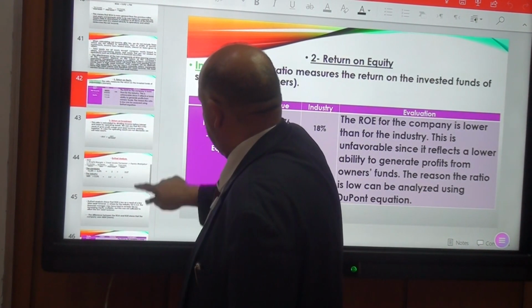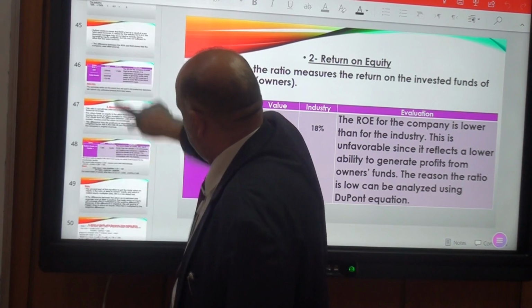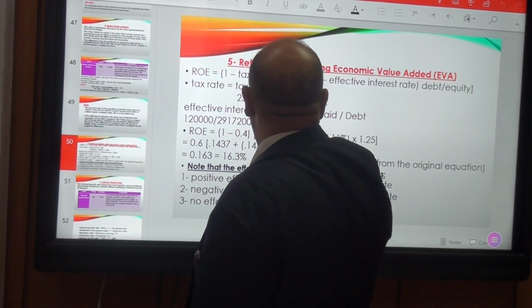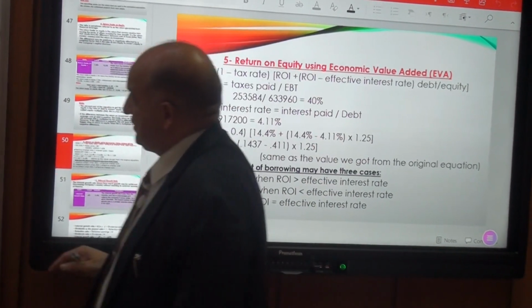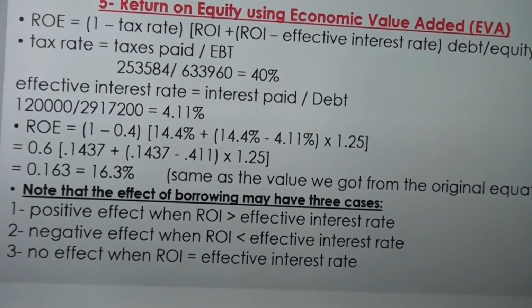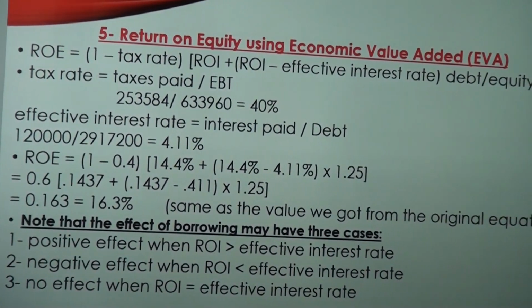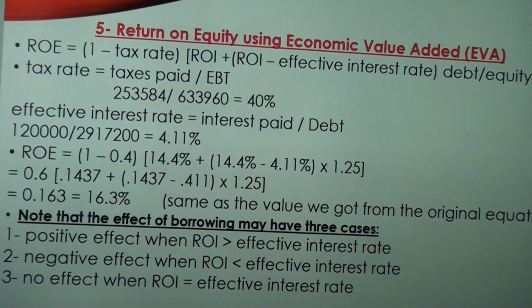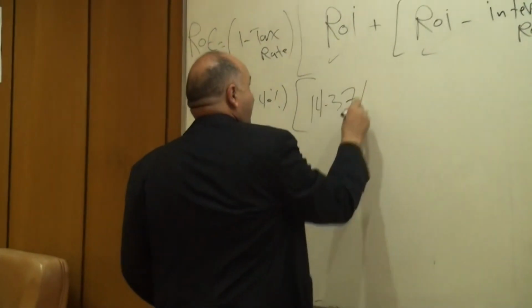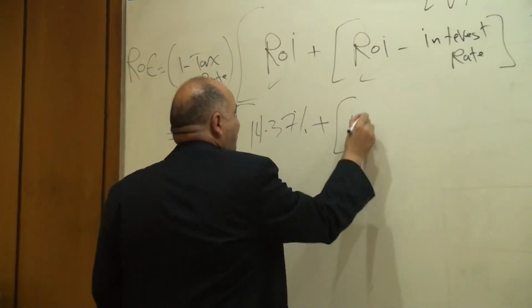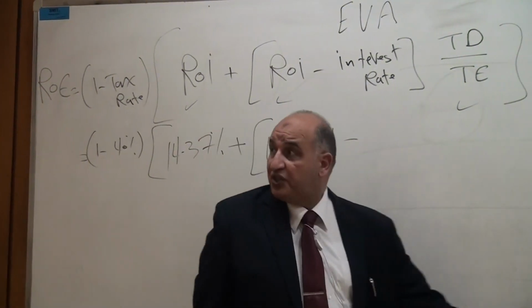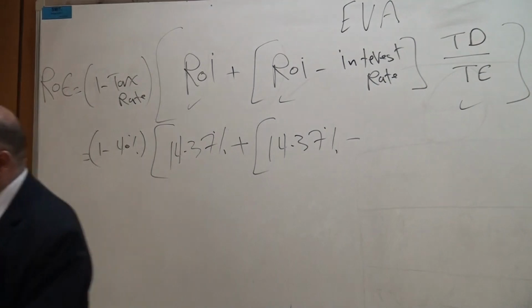ROI was EBIT divided by total assets. So ROI was 14.37%, plus ROI 14.37% minus the interest rate. I need the interest rate.